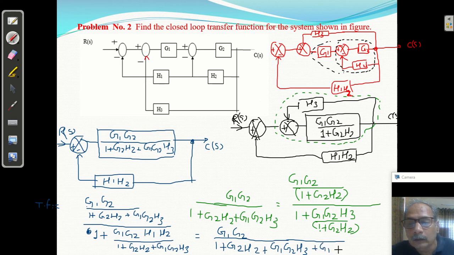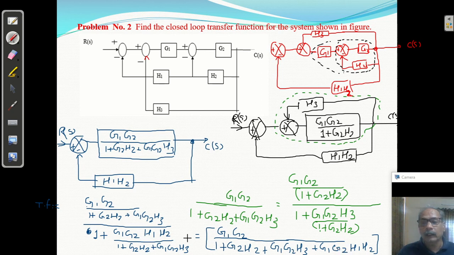Plus G1 G2 H1 H2. So that is the final answer. I got it. What is the final answer? G1 into G2 upon 1 plus G2 H2 plus G1 G2 H3 plus G1 G2 H1 H2.